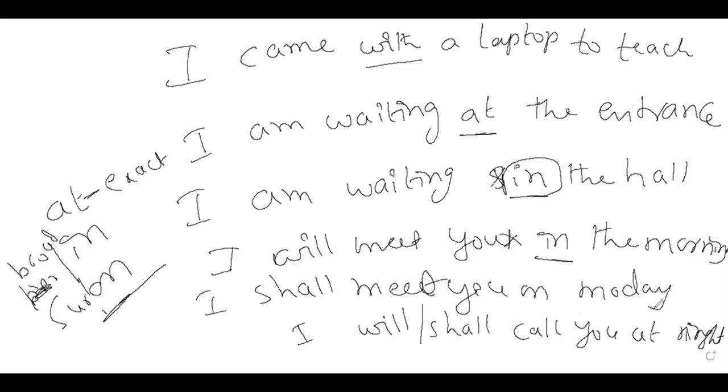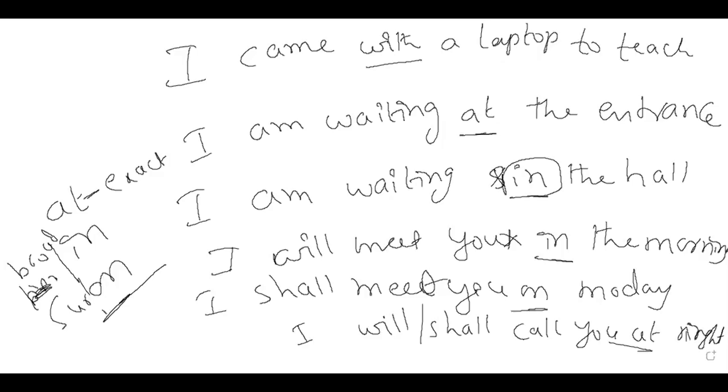So these three prepositions, in, on, at, can be used both for place and also for time. But remember, if you look at the time, 'on' is used for referring to the days and dates.